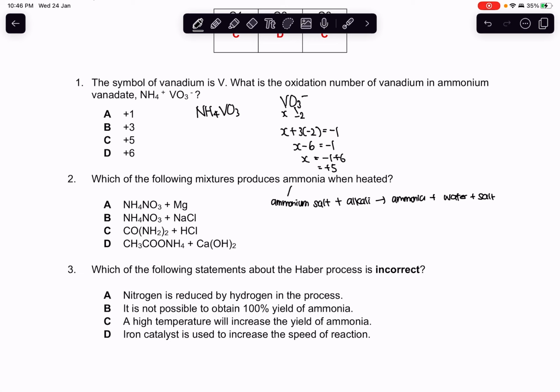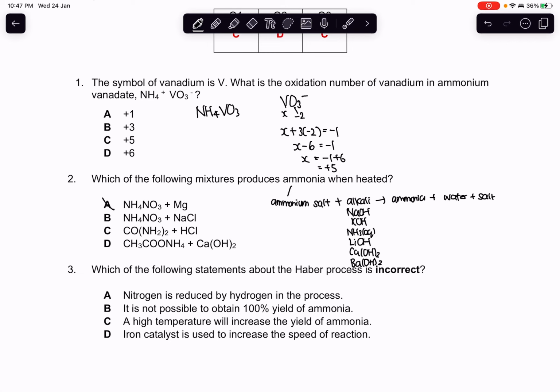So you need to identify an ammonium salt, and you need an alkali. If you recall, you have NaOH, KOH, aqueous ammonia, lithium hydroxide from your periodic table, even calcium hydroxide and barium hydroxide. So all these are a list of alkalis.